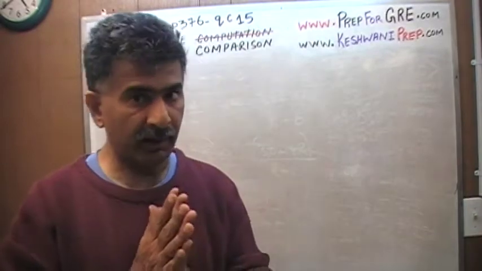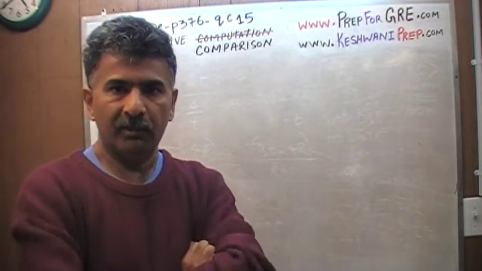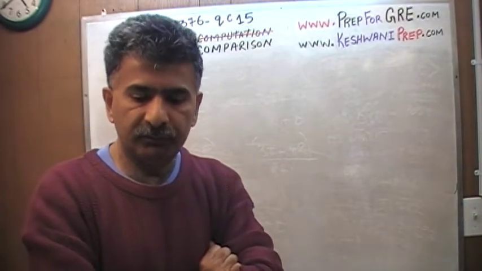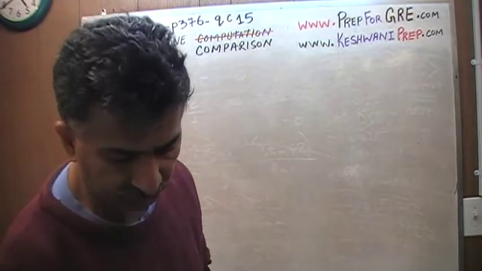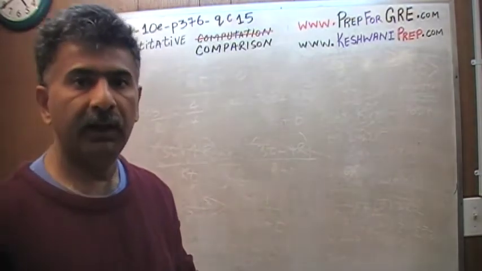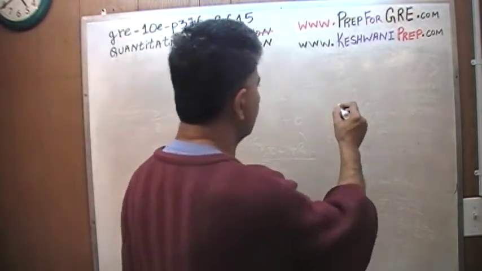We have finally arrived at our destination. I have been solving every single quantitative comparison question in this book. There are 7 exams in this book. Each exam has 2 sections of math, and each math section has 15 quantitative comparison questions.